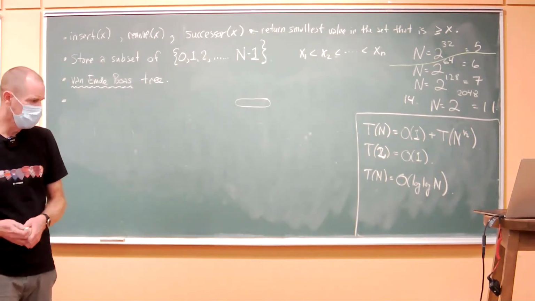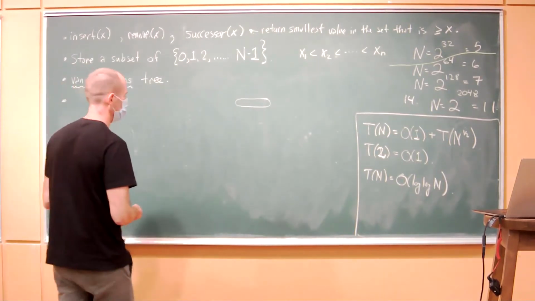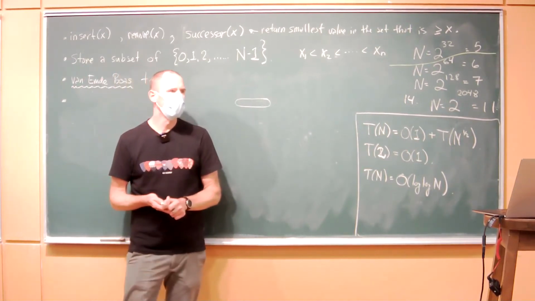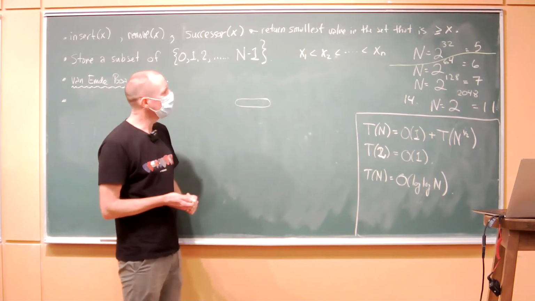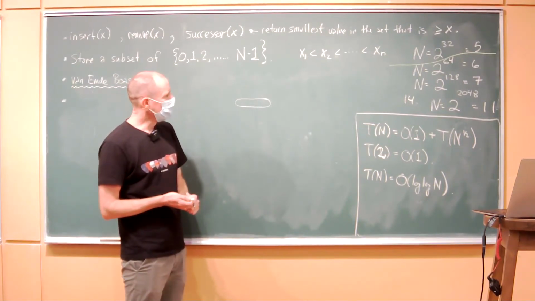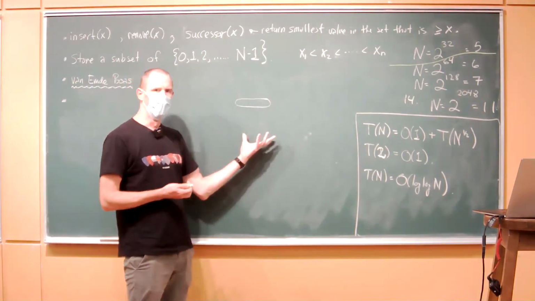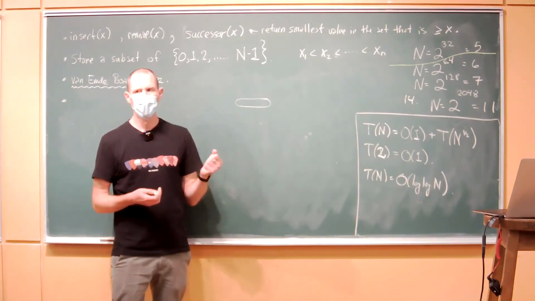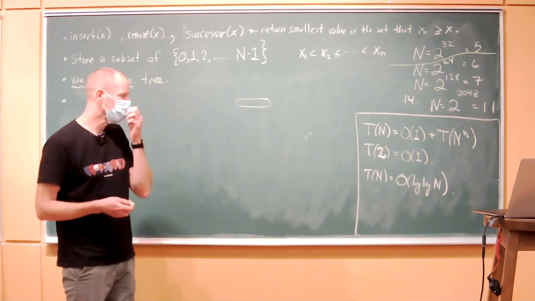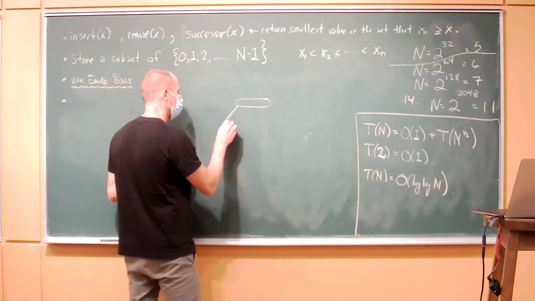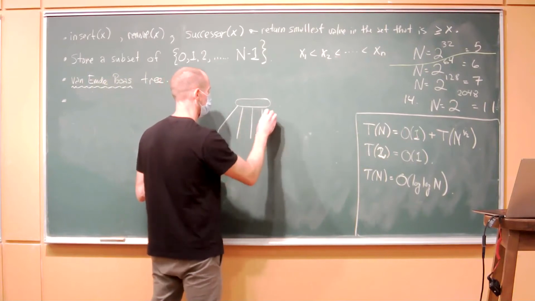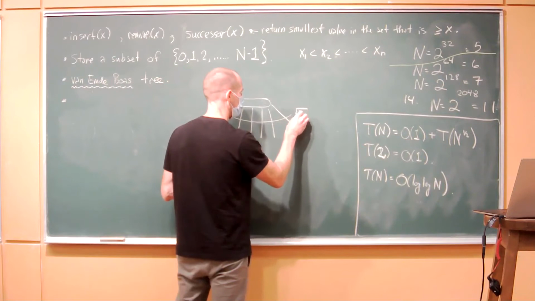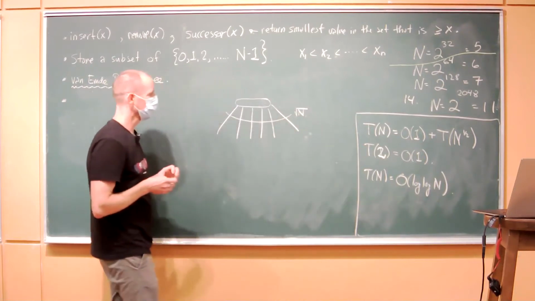So we should decide how many children the root should have. Log n won't be enough. If we have only log n children, then one of them would have to be on a universe of size n over log n. Square root of n. Okay. So we're going to take this thing so that it has square root of n children.